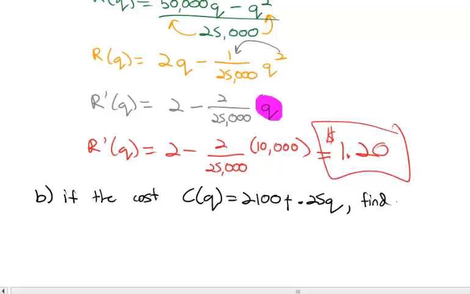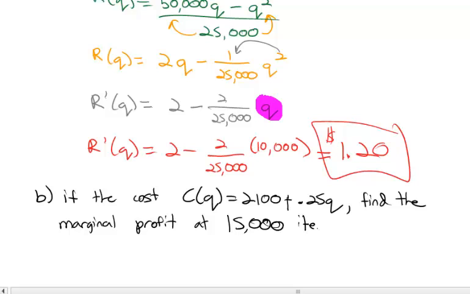We're going to find the marginal profit at 15,000 items.